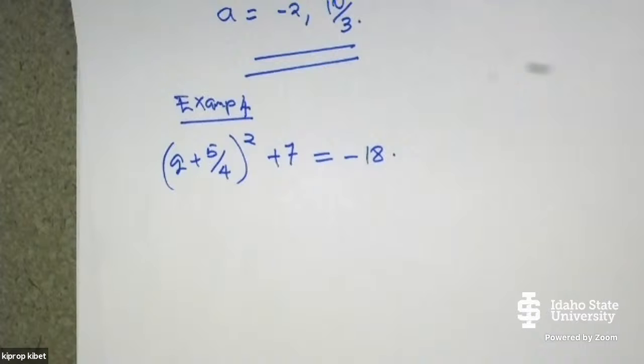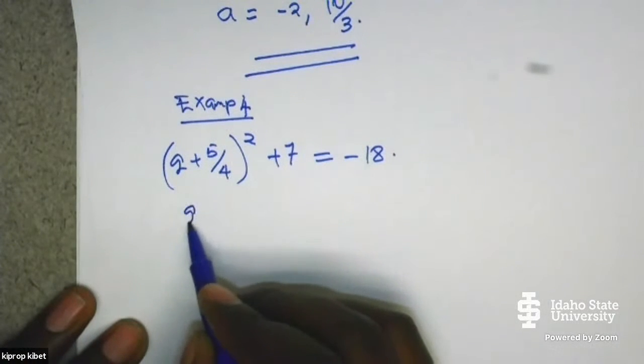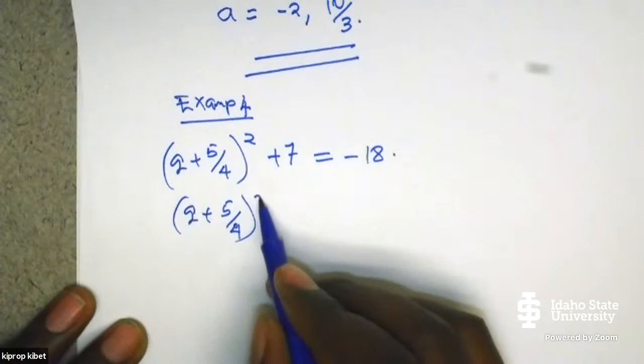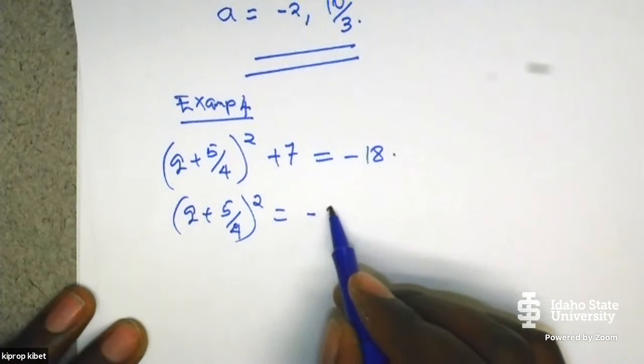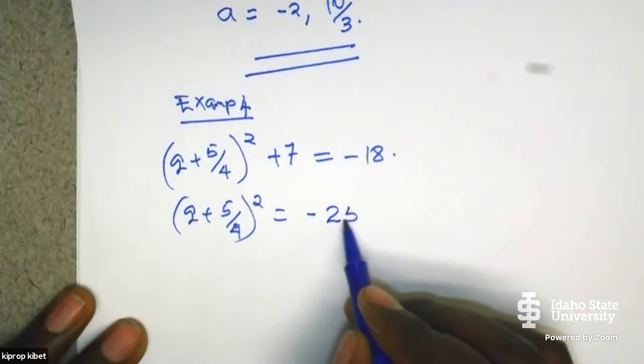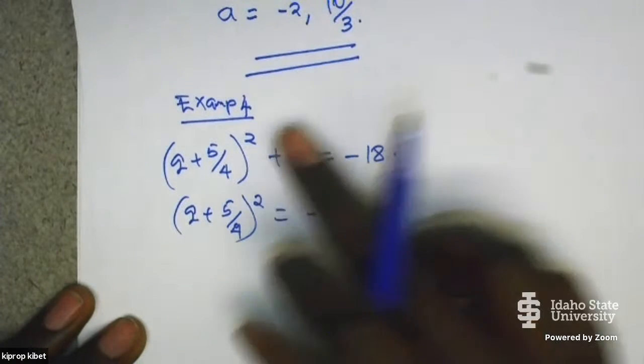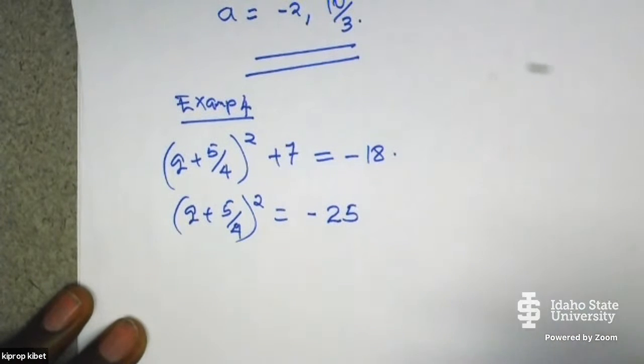One side has the square, so you take the other values to the other side. That means q plus 5 all over 4 squared equals negative 25. So you take 7 to the other side.